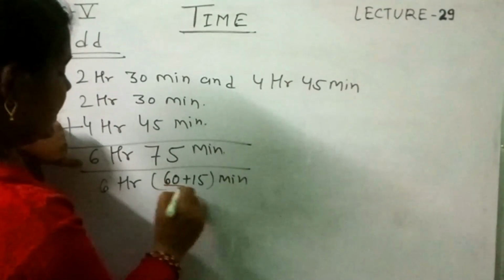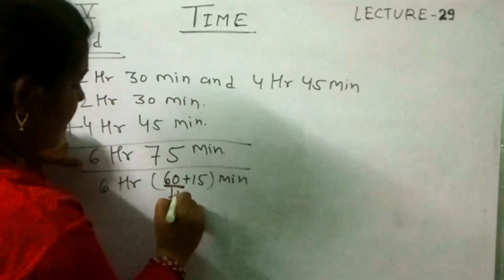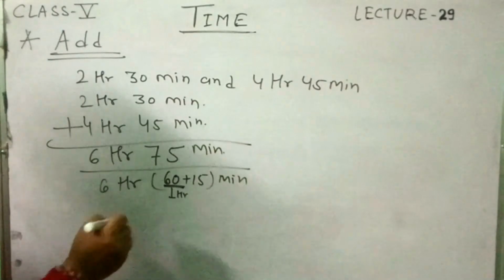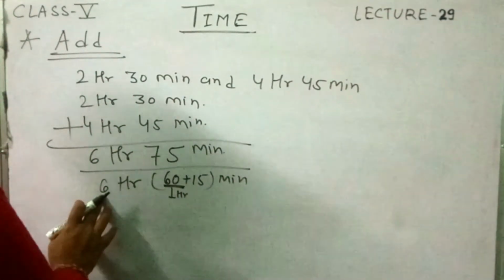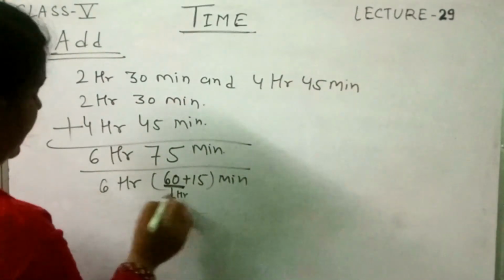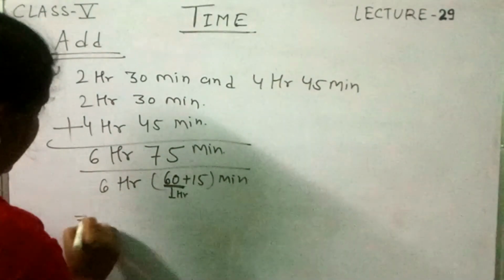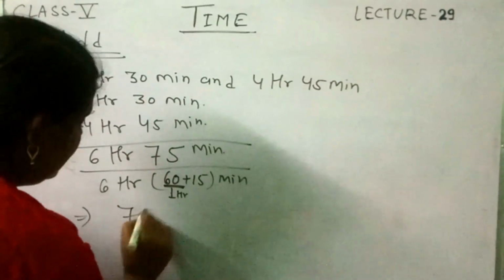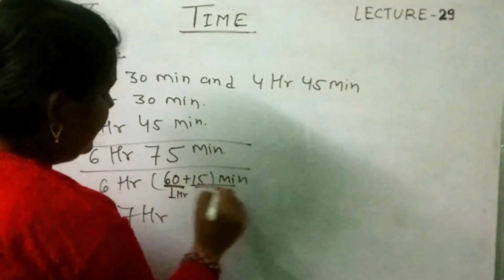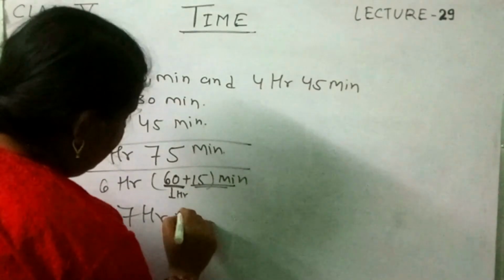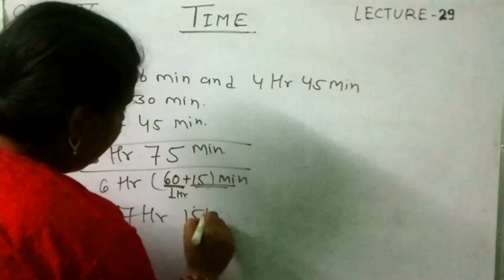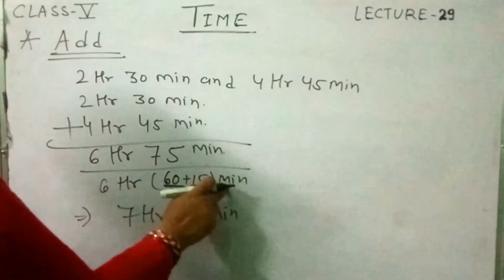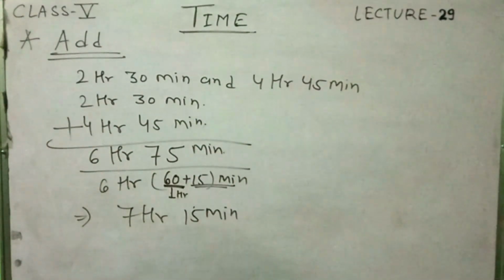Minute, that means 60. That means 1 hour. 1 hour is carried and that 1 hour will be added here. So you add this one here and write 6 plus 1, that is 7 hour. And what is left here? 15 minutes. So 7 hour 15 minutes.